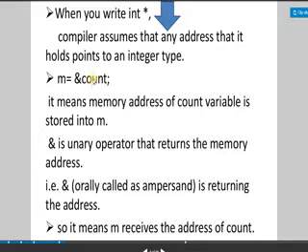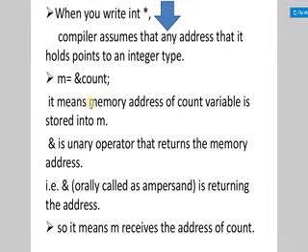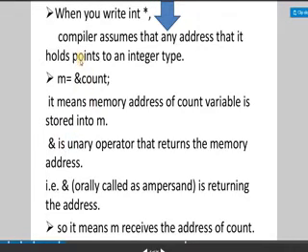Now in this pointer variable m, we store the address of the count variable, which is of integer type. So the memory address of count is stored in m. We have already executed a program where I showed you that using the ampersand operator we can print the address.